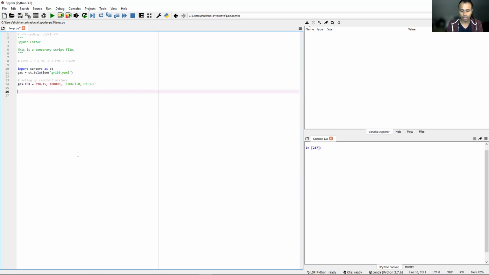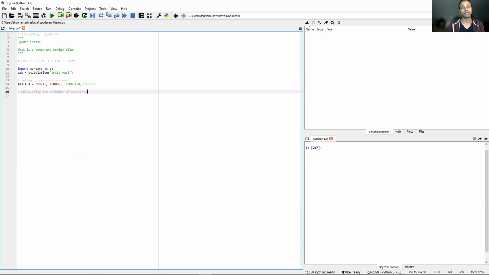Now, let's say calculating the enthalpy of reactants. So if you remember, in the previous lecture, we've discussed the function enthalpy_mole.